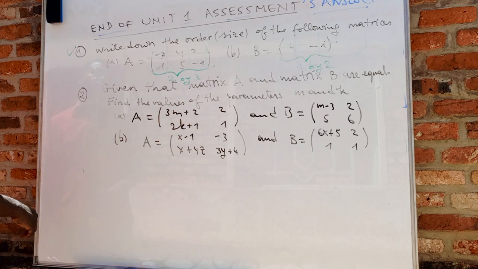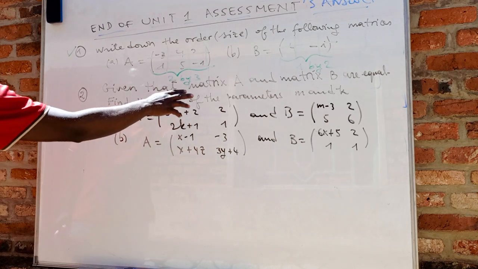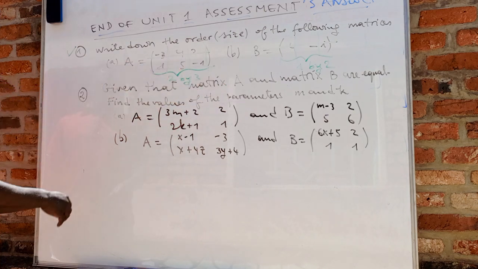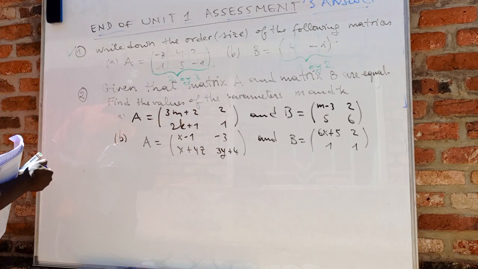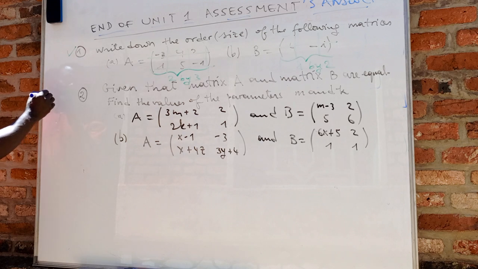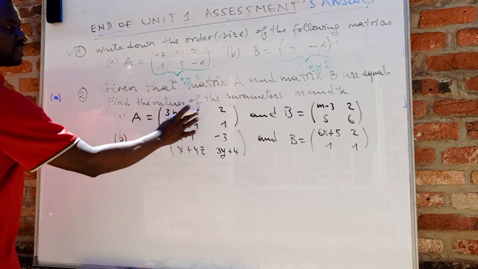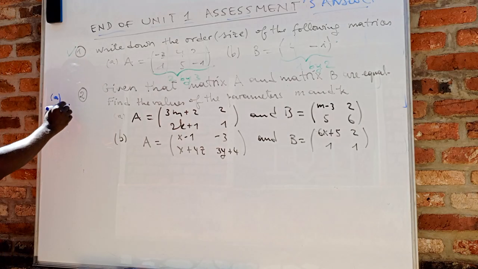Now what about the second question? Given that matrices A and B are equal, let me use this one. I hope it will be clear in the video. If it's a 2 by 2 matrix, coefficients at the same position are equal.